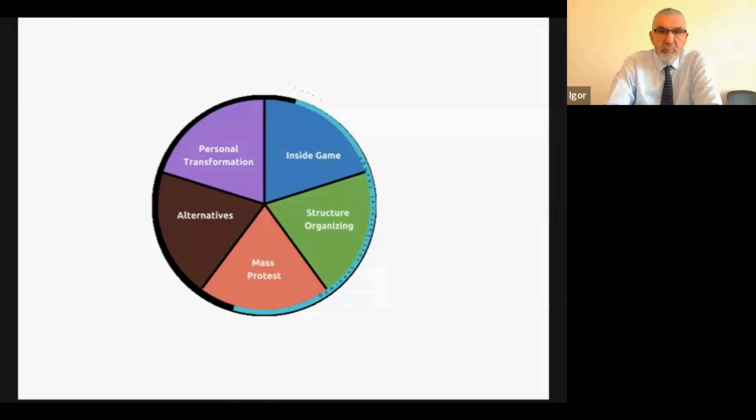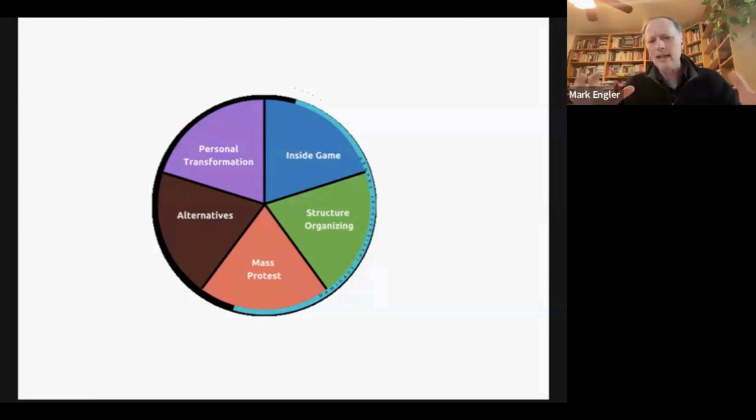So this model of what we call social movement ecology is a way of looking at some of these different dominant theories of change that are in play in social movements. So the segment over here of personal transformation deals with people who are trying to create change one individual at a time through education, through therapy, sometimes through services, providing charity work, people providing housing, things like that, trying to improve the life of the individual.